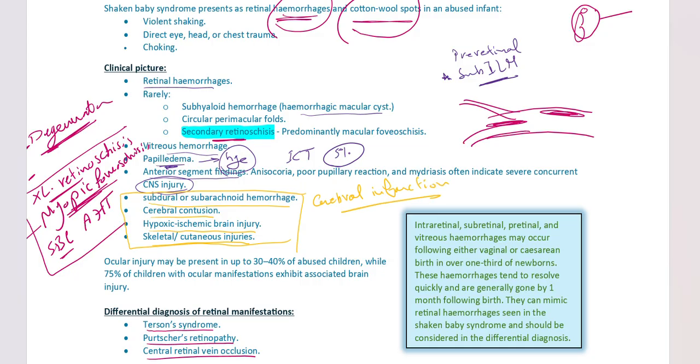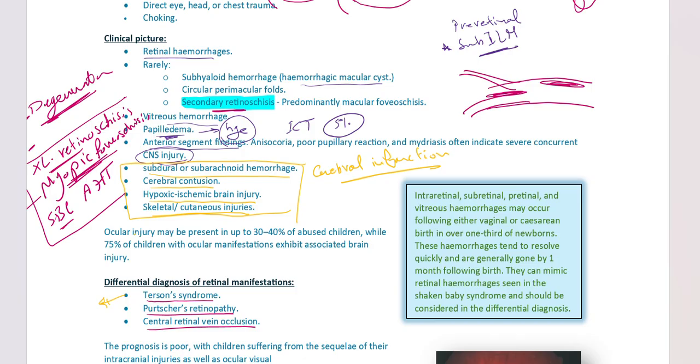So, in ophthalmic examination of a child with cerebral infarction, if it reveals hemorrhage, you need to differentiate it from Terson syndrome and abusive head trauma.